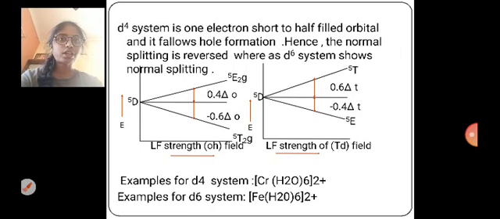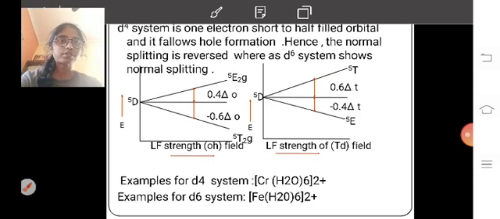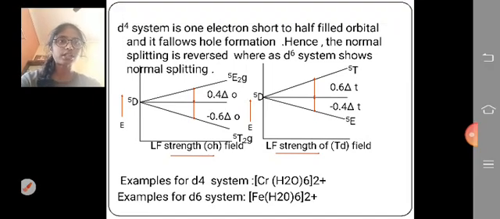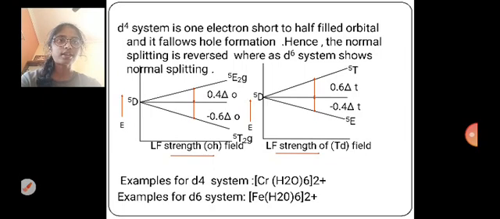Energy will be on the y-axis and ligand field strength of the octahedral field will be on the x-axis, and ligand field strength of a tetrahedral field on the x-axis. Electron transfer takes place from T2g to Eg in octahedral field and E to T in tetrahedral field. Examples are shown here.